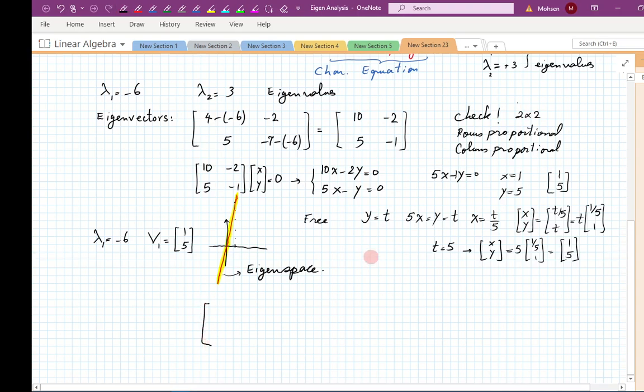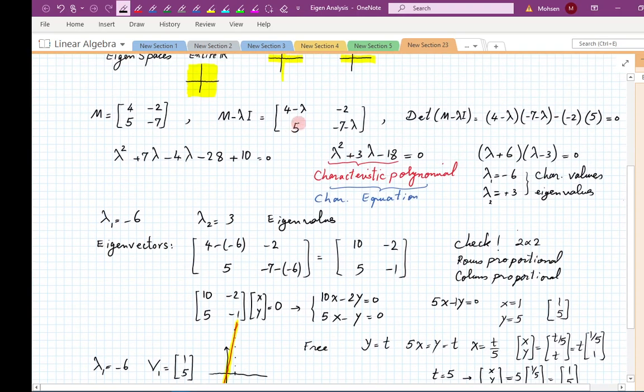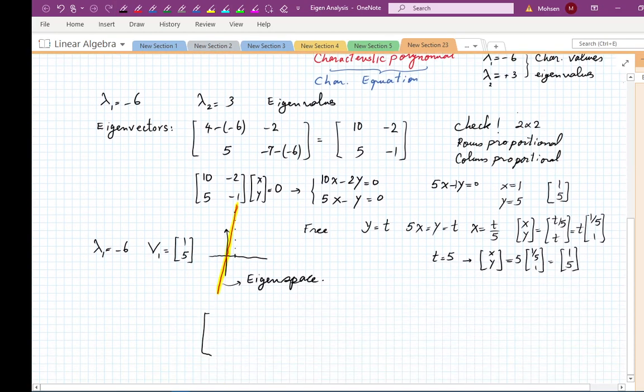So what's the idea? The idea is that we take m minus lambda. In that we plug what lambda we got. So it's 4 minus 3 now, then minus 2, 5 minus 7, and then minus 3. We clean this up. I get 1 minus 2, 5 minus 10.